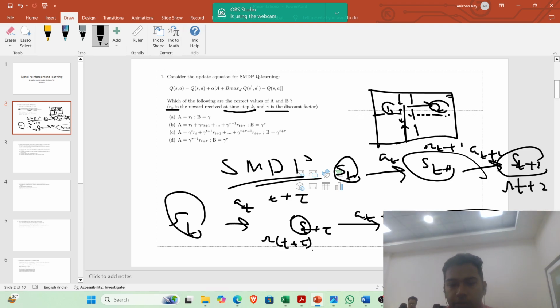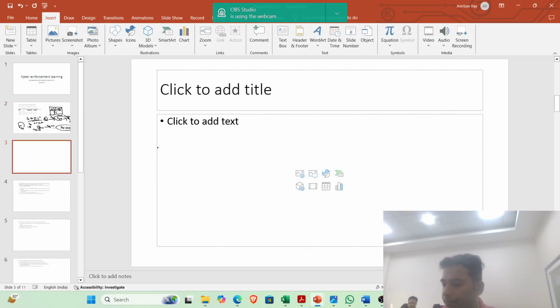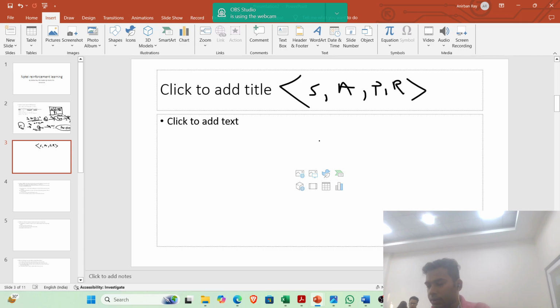This tau is called the holding time. The next thing is, the SMDP notation is S, A, P and R. This is how you define the process.